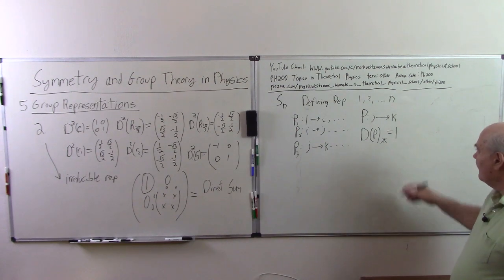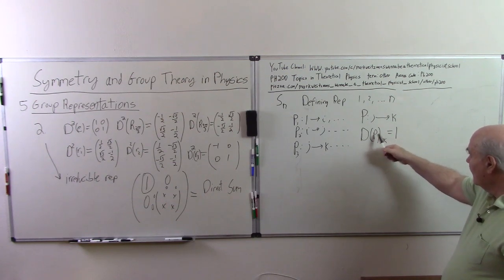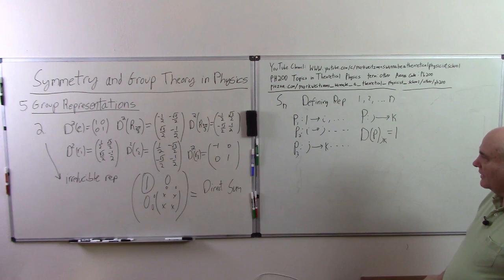So this sort of defines it. I just look at the matrix elements. This will become clearer when I do an example in a second. If this object maps into this object under the permutation, then I put a 1 in the matrix.